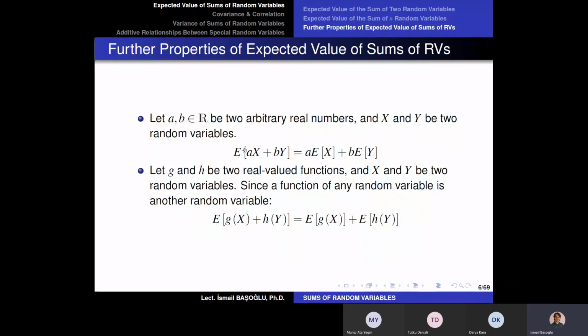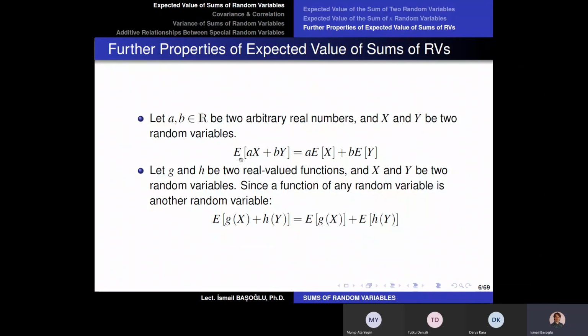We can say that, for example, if we have two arbitrary real numbers such as a and b, and two random variables such as X and Y, the expected value of aX plus bY is going to be equal to a times expected value of X plus b times expected value of Y. Now, you know, the expected value of this sum of two random variables is equal to the sum of the expectations.